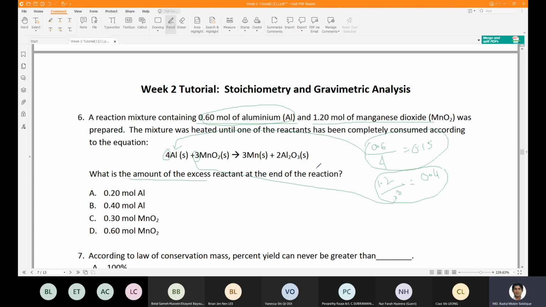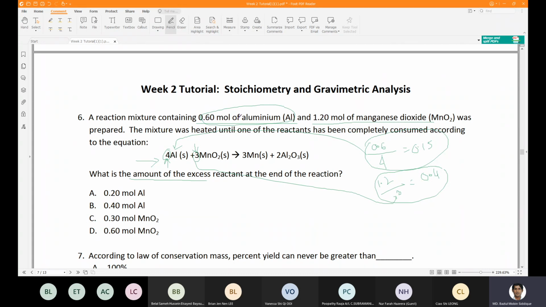All right. Once again, how do you find the excess and limiting reactant? Divide the given number of moles by the stoichiometric ratio of the balanced equation. So this is the balanced equation and this is the stoichiometric ratio. The equation is balanced and that's why we need 4 aluminium; we have to add 3 here so that the equation will be balanced. Now the question is asking 0.6 mole of aluminium and 1.20 mole of magnesium dioxide.